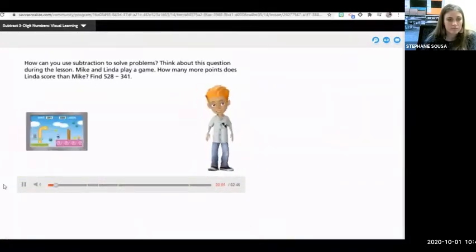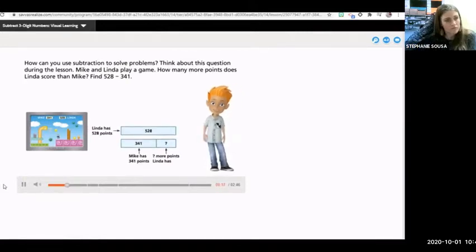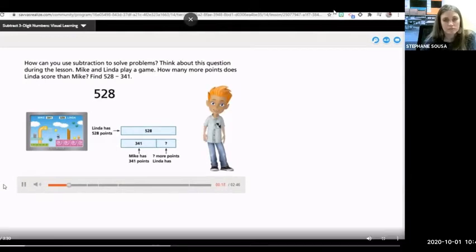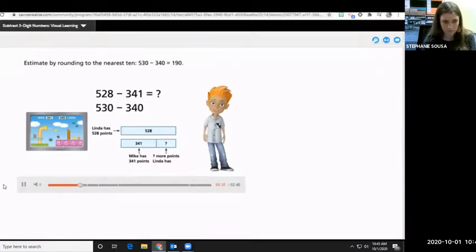How can you use subtraction to solve problems? Think about this question during the lesson. Mike and Linda play a game. How many more points does Linda score than Mike? Find 528 minus 341. Estimate by rounding to the nearest 10. 530 minus 340 equals 190.